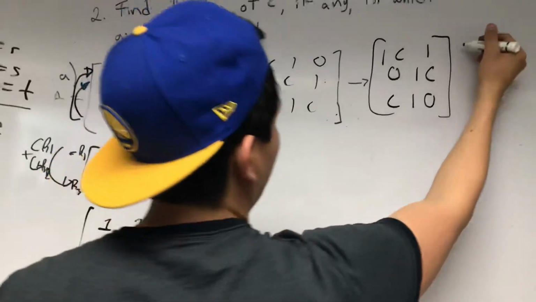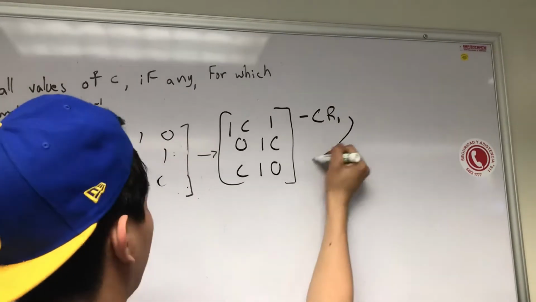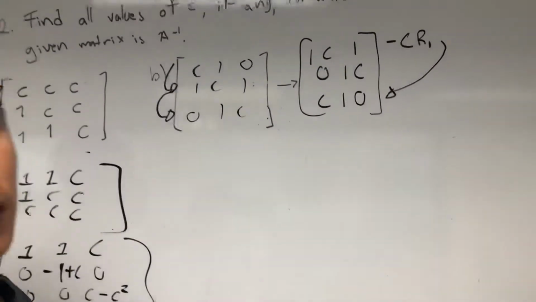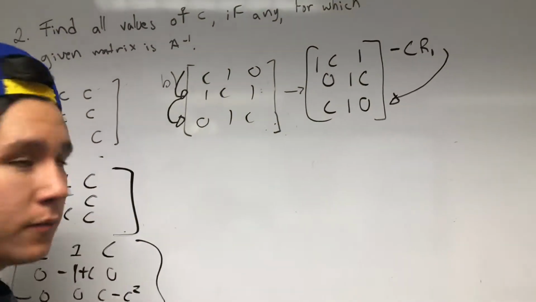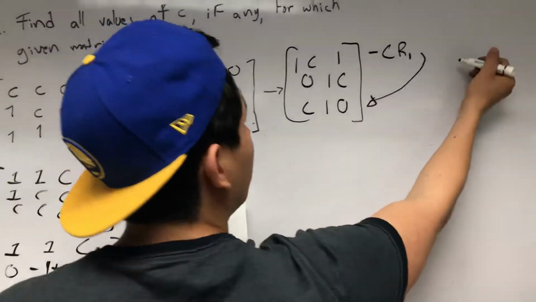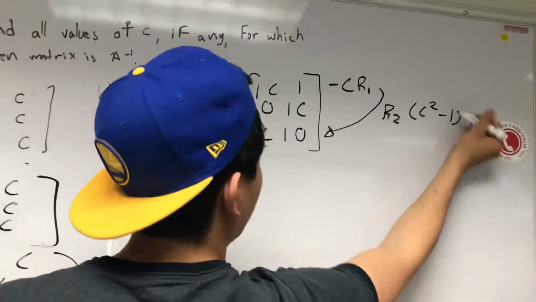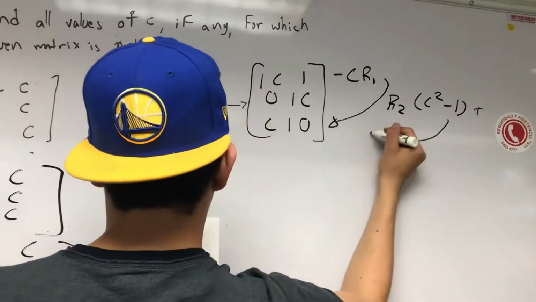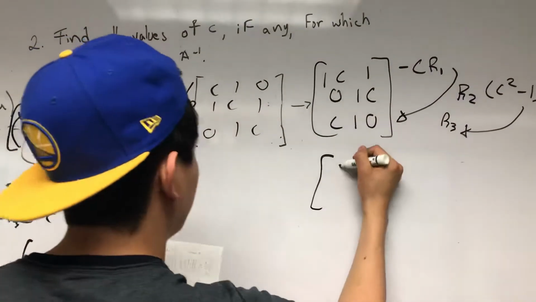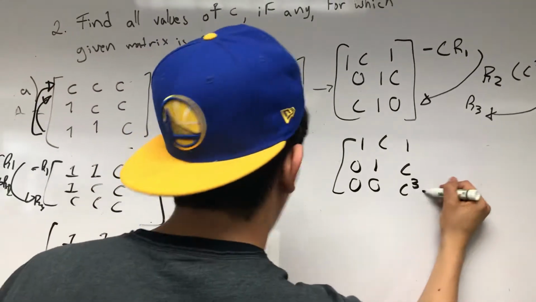Now we multiply minus c by row 1 plus row 3, and after this multiplication and addition, we multiply row 2 by c squared minus 1 plus row 3. By doing this operation, our matrix is 1, c, 1, 0, 1, c, 0, 0, c cubed minus 2c.